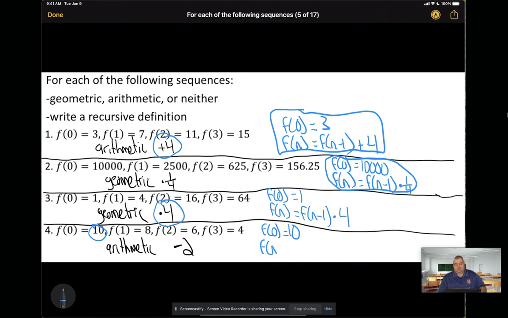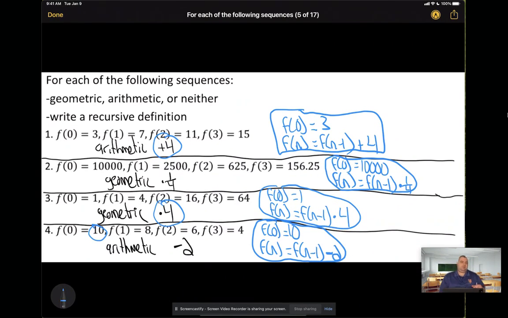And then we'll have f of n equals f of n minus 1, and my pattern is minus 2. Subtract 2 each time. So these are my recursive definitions for each of these sequences.